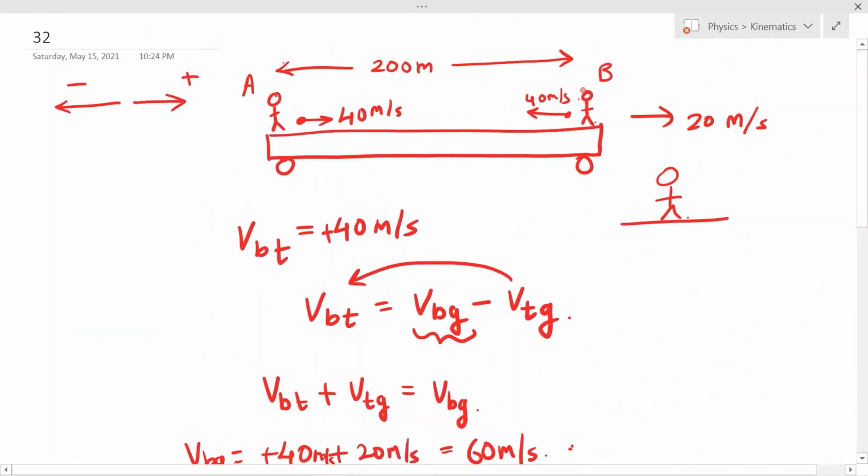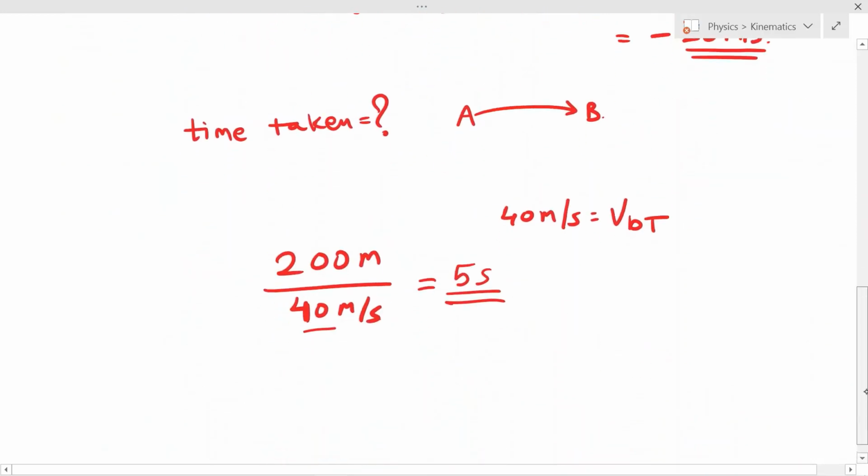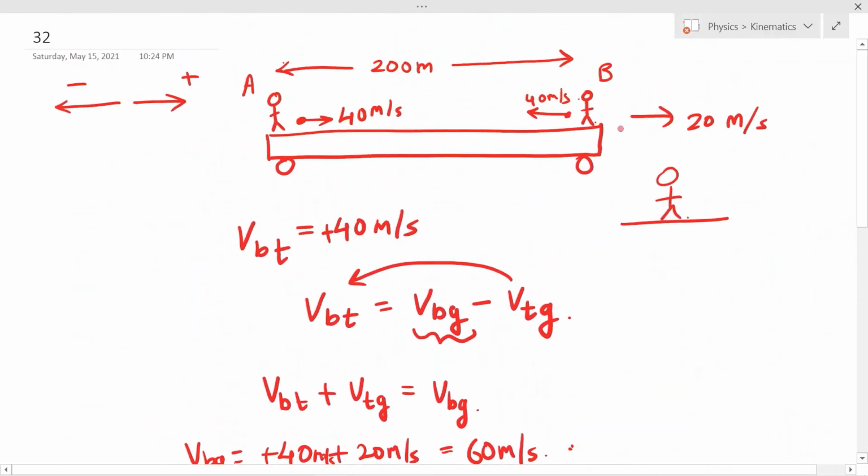Now, what will be the time taken by the ball to go from person B to person A? Again, use the same logic. Work again in the frame of reference of the trolley. In the frame of reference of the trolley, this ball will have 40 meter per second velocity again towards the left.